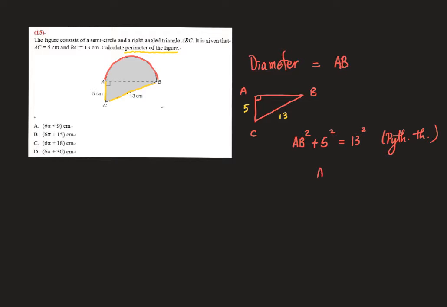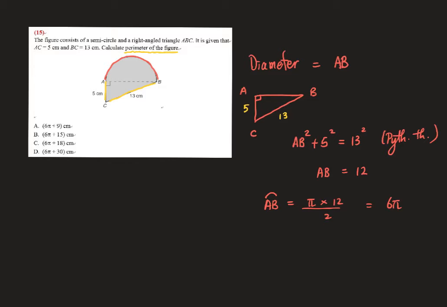And solving the equation, AB will become 12. Therefore, we can find the arc length of AB. That is the semicircle. I write it like this: AB with an arc is equal to pi times d divided by 2, which is 6 pi.